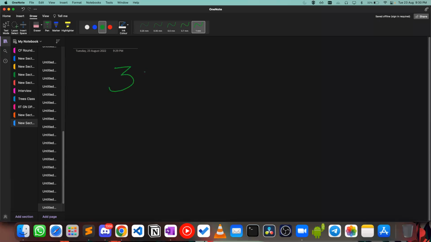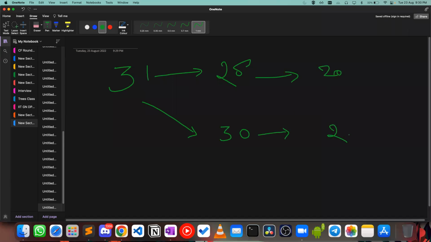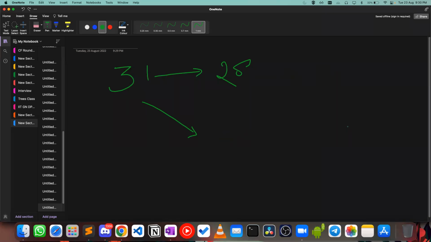So let's say we have 31. This gets converted to 20, 28. And if I subtract 1 from it, I get 30. So from 28, I can get to 20. And then from 30, I can get to 27. Yeah, this will not work here. 31 is not a good example. But what about 30?